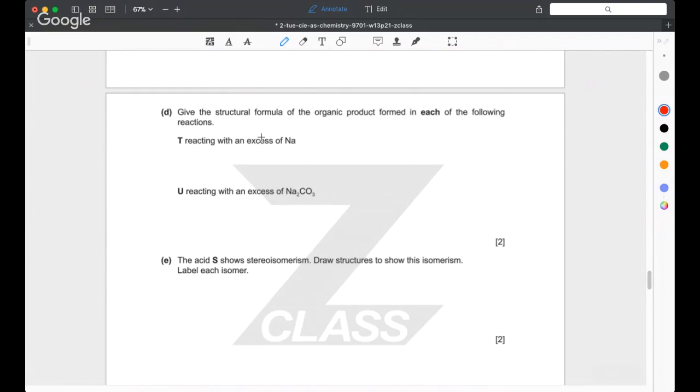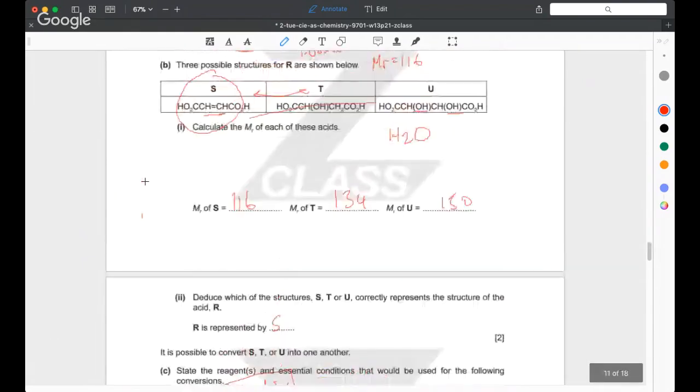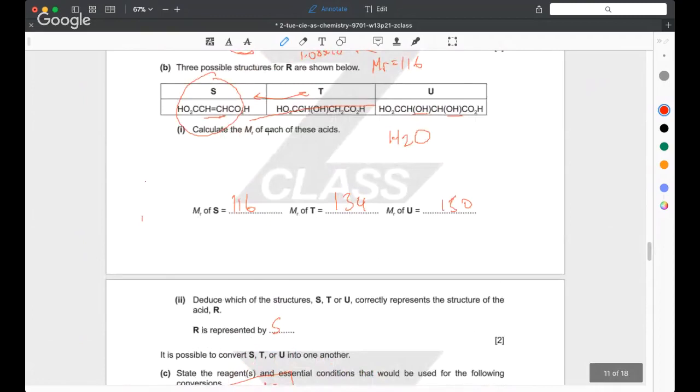Okay, keep going on with your organic chemistry. So T is this one here, isn't it? And you can see that you've got a carboxylic acid group there. Similarly, at that end of the molecule, you've got a carboxylic acid group, but in the middle, you've got this alcohol group.